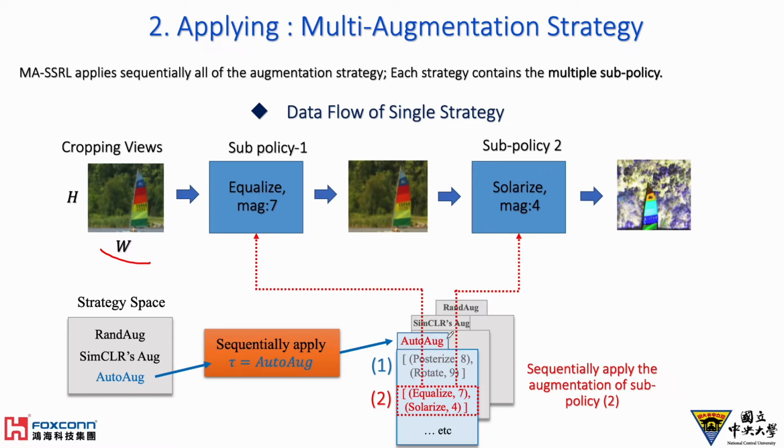In each augmentation policy, we contain multiple sub-policies inside. First we apply the sub-policy Equalize, and then another transform of the image, and then we continue applying sub-policy 2 with Solarize at magnitude 4, and then we have the image here at the end after the transform of the two sub-policies.